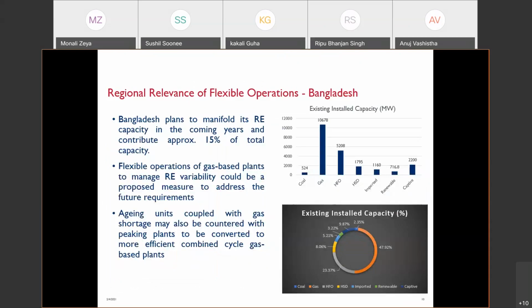Next slide. Coming to the regional relevance of flexible operations, this is a very limited perspective, but I think there are eminent experts who would talk about this in greater detail.